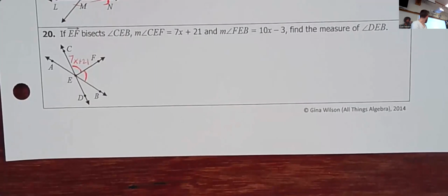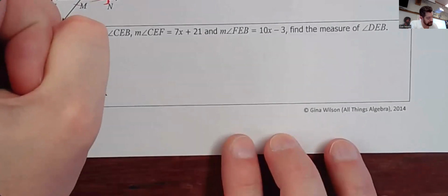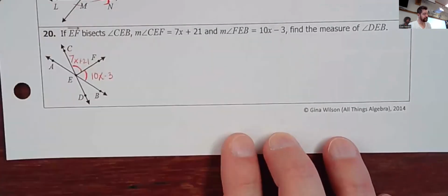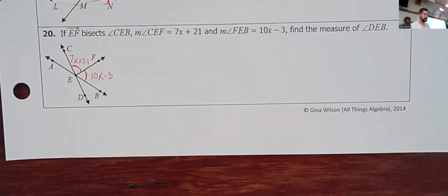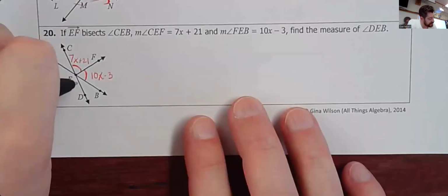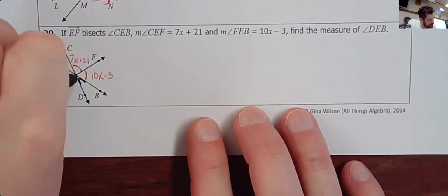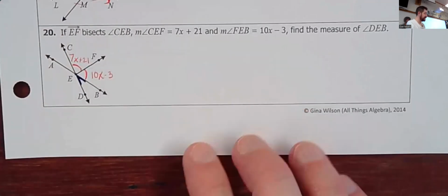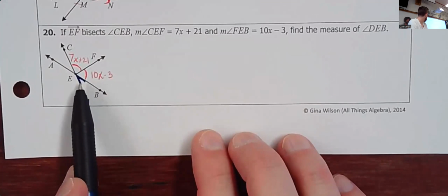And it says that angle FEB is 10x minus 3. Find the measure of angle, here's a weird one, DEB. Angle DEB in this diagram is actually this angle right there that I've highlighted in blue, and it doesn't really look blue up there, but it's blue. So we're trying to figure out that angle.